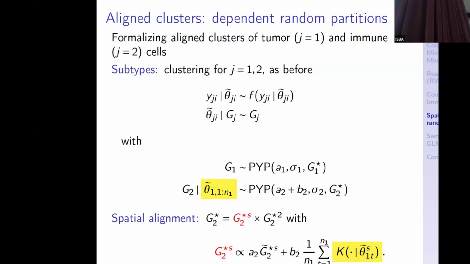We are setting up a mixture where the spatial cluster locations can either be generated independently from a G2 tilde, or, and that's where the rubber hits the road, or whatever is your favorite metaphor, the spatial cluster locations can be just centered around the tumor cluster locations.